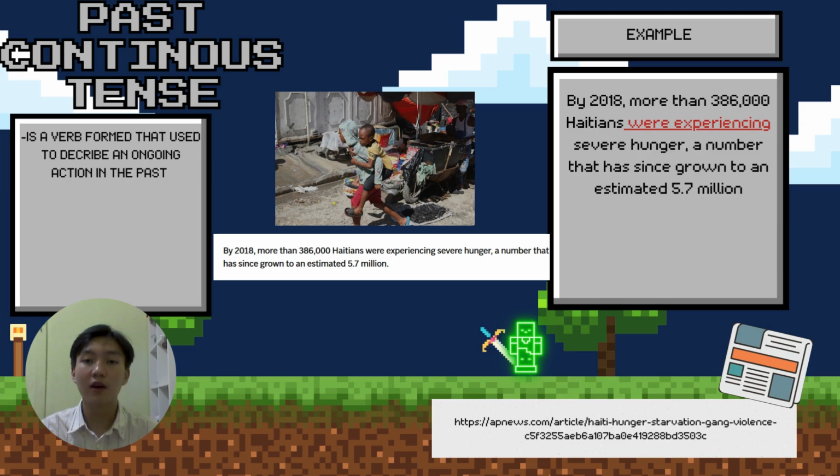So the phrase highlighted in the sentence tells us that "were experiencing" is the phrase showing that it was still an ongoing problem. It's not a single moment, but a continuing action.